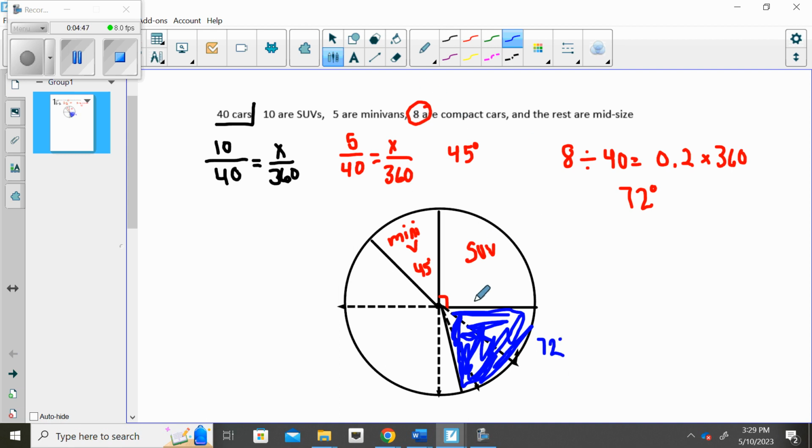Okay, that would leave then the rest are midsize. Again, ignoring the lines that I used to measure other angles, I'll go ahead and color this, I don't know, yellow.